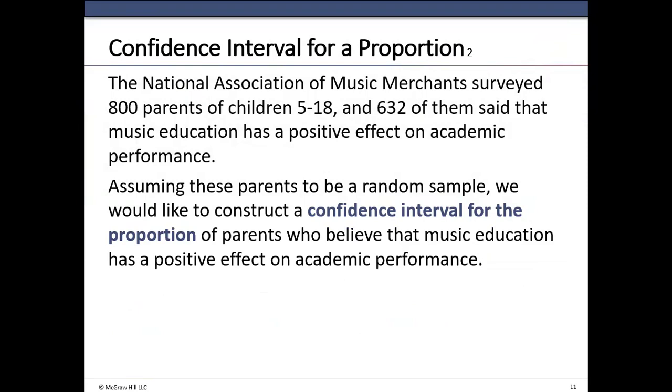Assuming these parents to be a random sample, we would like to construct a confidence interval for the proportion. Notice the confidence interval for the proportion is in bold letters and highlighted because we are basically calculating a range of numbers within which most probably the population proportion of parents who believe that music education has a positive effect on academic performance will fall.